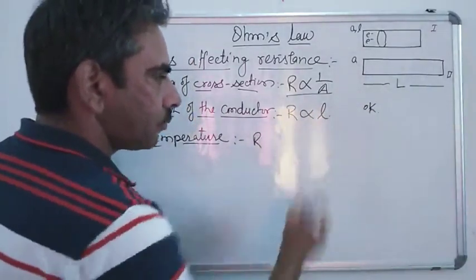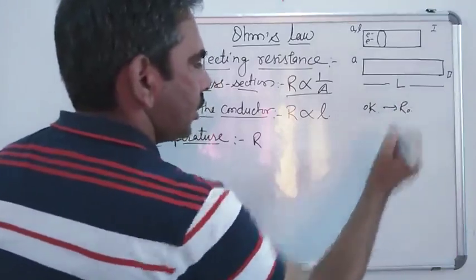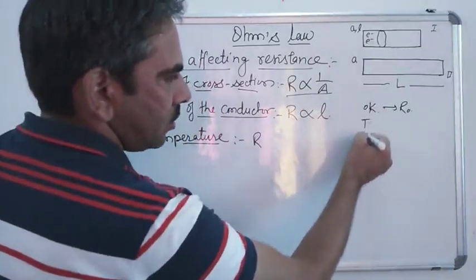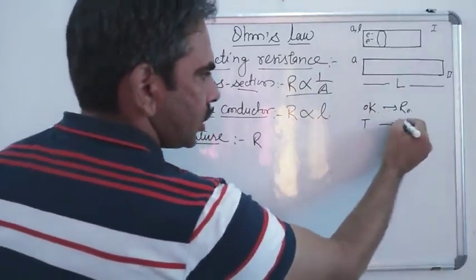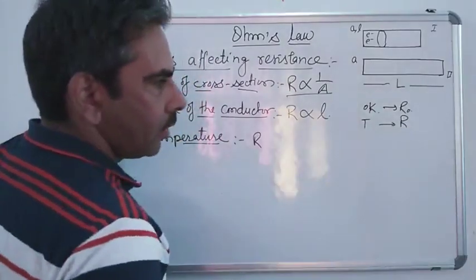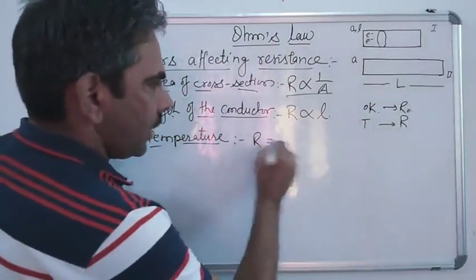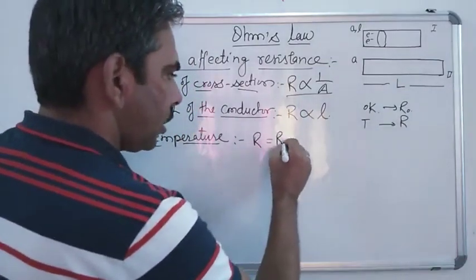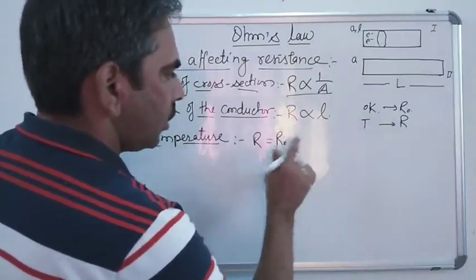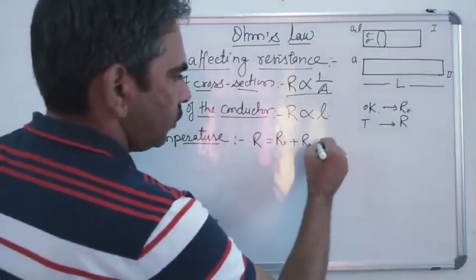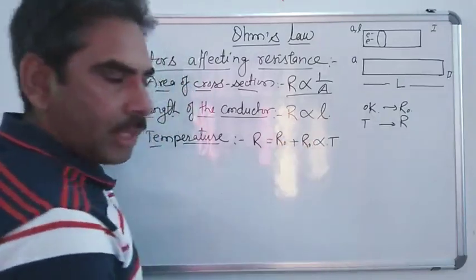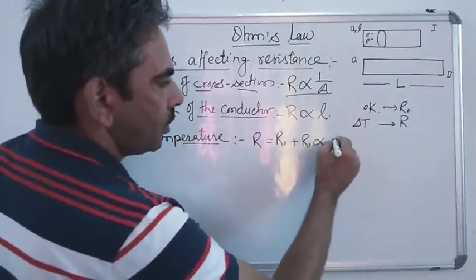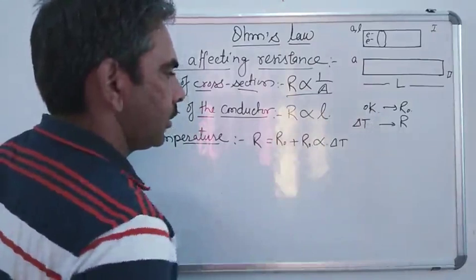Then after a change in temperature T, to some temperature other than 0, the resistance is, suppose, R. This new resistance at this much change in temperature is given by R equals R naught plus R naught into alpha into T. This change in temperature we can also write as delta T to make it a little clearer.